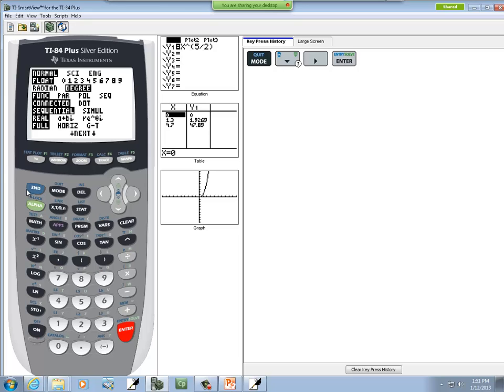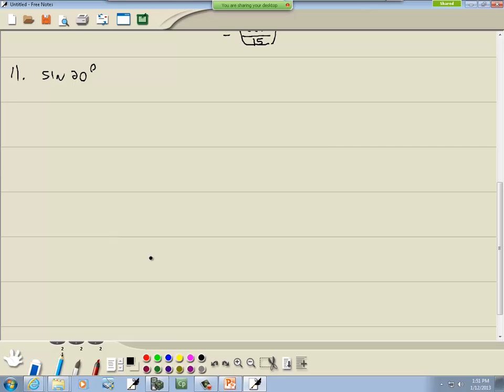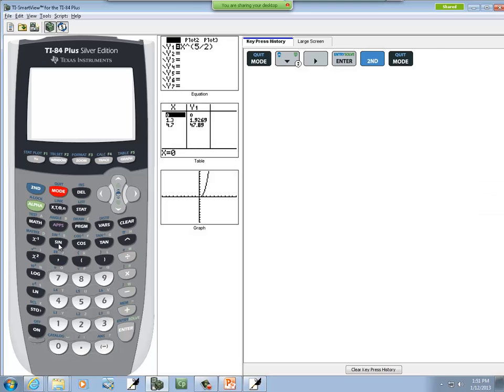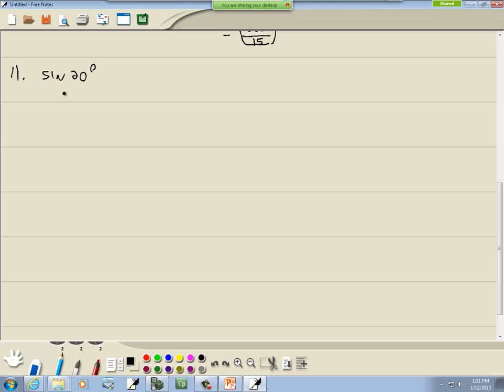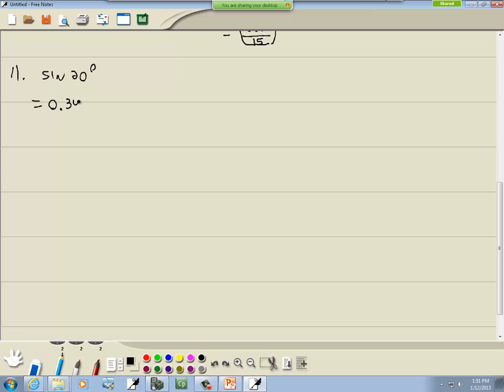Well, now if I exit out, I'll do second mode. To find sine of 20 degrees, you press your sine button here, put in your 20, and enter. And to 4 decimal places, this will be 0.3420, and that's our answer.